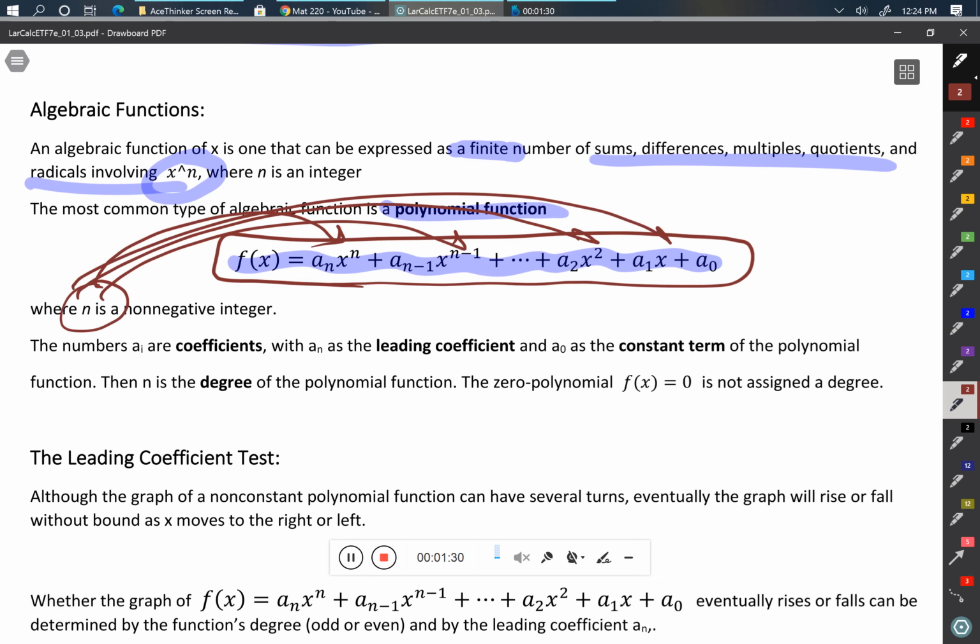The a's are the coefficients. The first term out here is called the leading term, so that's the leading coefficient. The last term over here, when written properly, is the constant term because it contains no variable. And we call the n the degree of the polynomial. The zero polynomial is said not to have a degree, so the lowest degree you could have would be a 1.